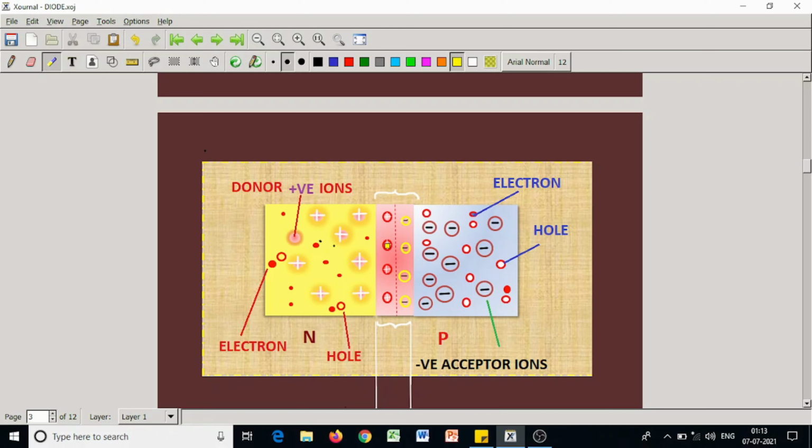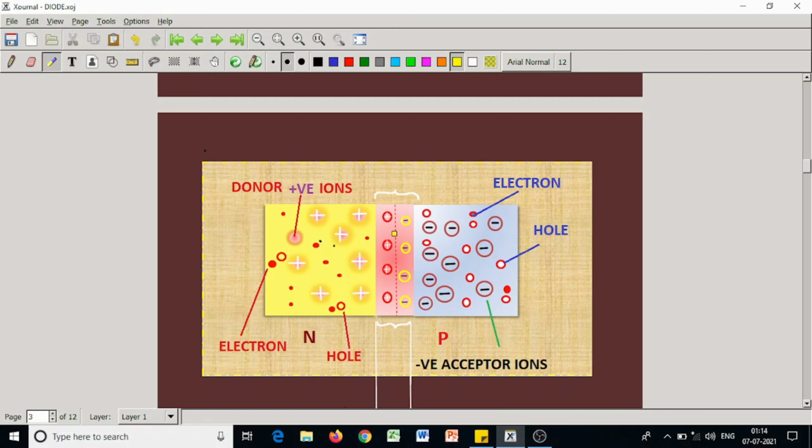These donor positive ions are tightly bound to the silicon atoms. These negative acceptor ions also are bound to the silicon atoms. So they are not free to move. So this region is depleted of mobile charges.